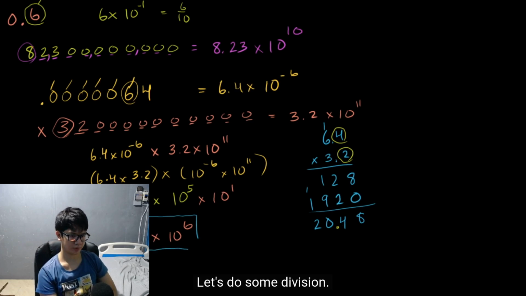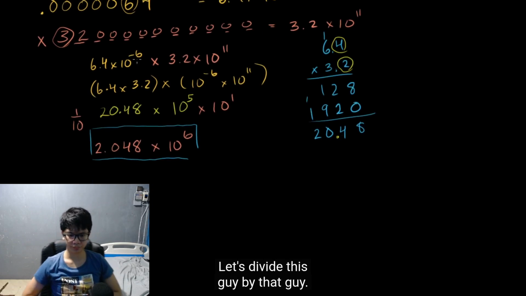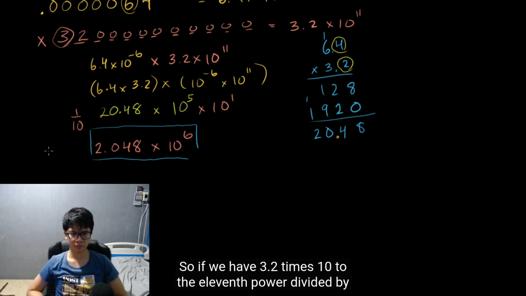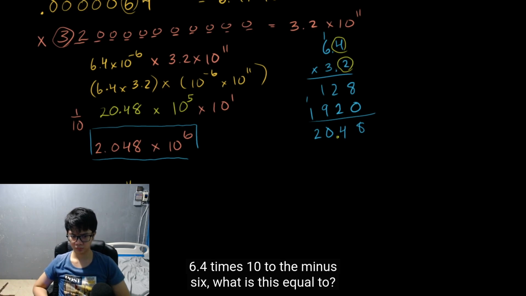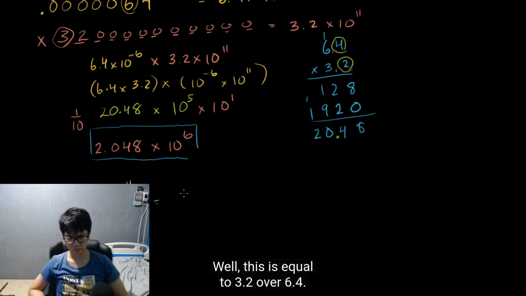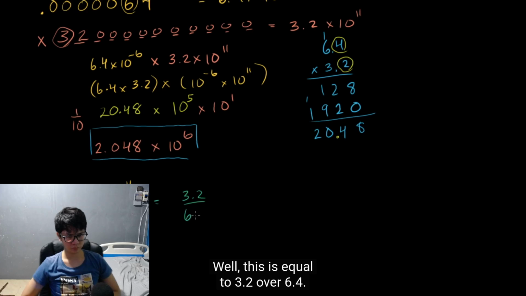Let's do some division. Let's divide this guy by that guy. So if we divide, we have 3.2 times 10 to the 11th power divided by 6.4 times 10 to the minus 6. What is this equal to? Well, this is equal to 3.2 over 6.4.